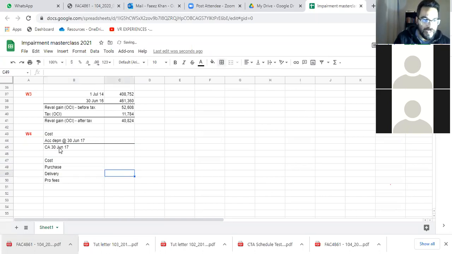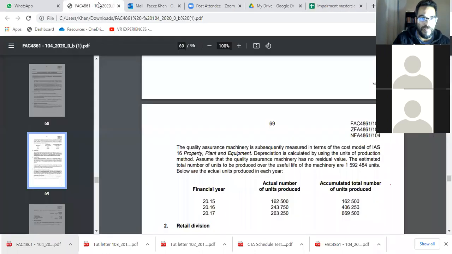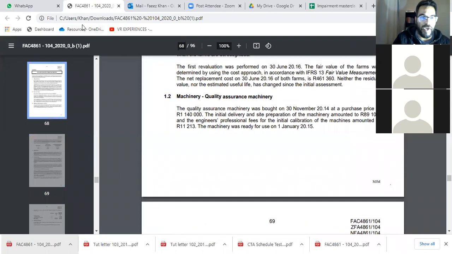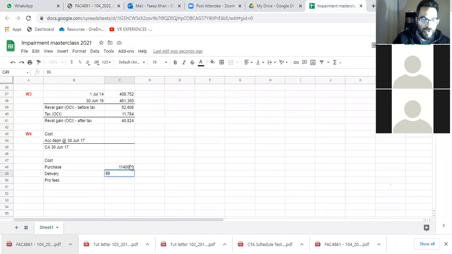So the cost price, if I remember, the purchase price was 1,140,123. The delivery was 89,101.